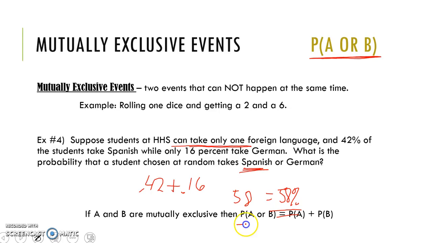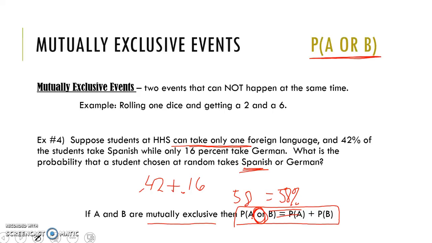This is another thing that you probably should write down: if you have 2 mutually exclusive events, then the probability of A or B is simply the probability of A plus the probability of B. This is different than what we did before because of this word here. For the probability of A and B happening, you'd have to multiply those 2 probabilities together. But here we're just adding those 2 things.